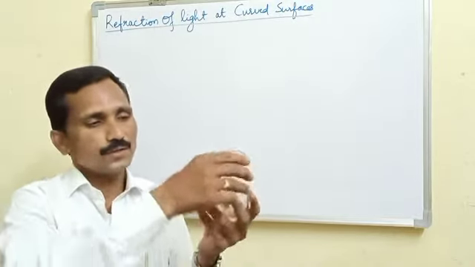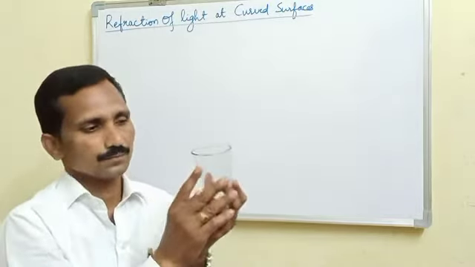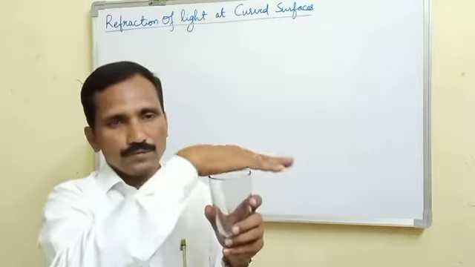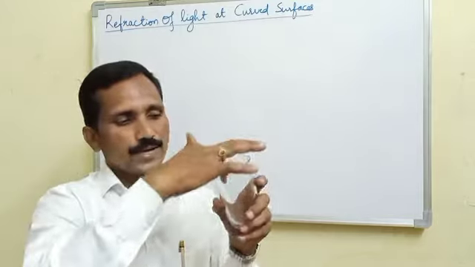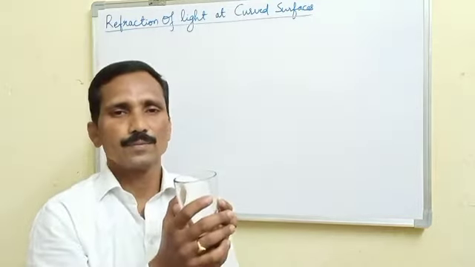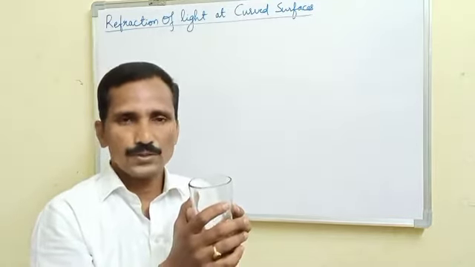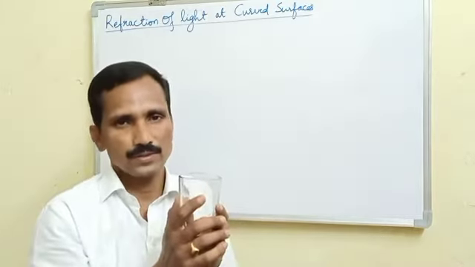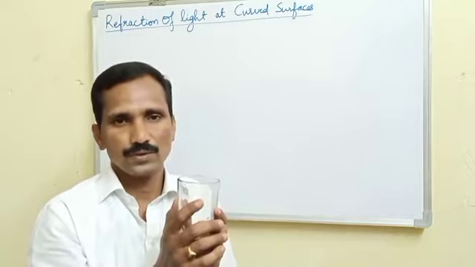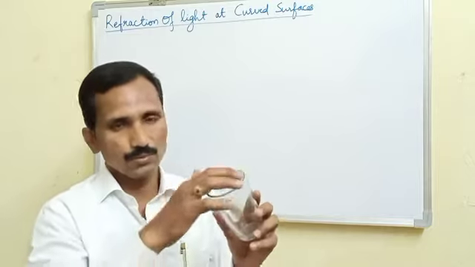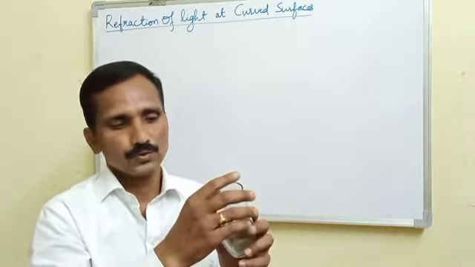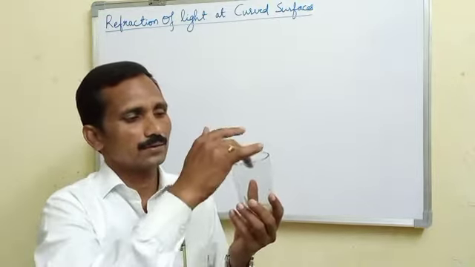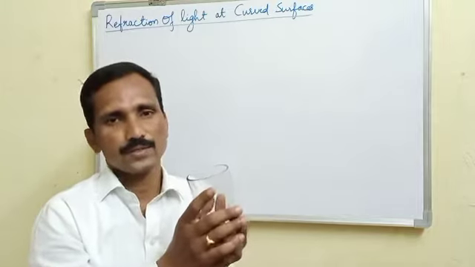And when it is filled with water, there is no air in that position. We assume that the glass and water are the same medium, with the same refractive indices. Actually they are not the same, but we assume that both are the same.